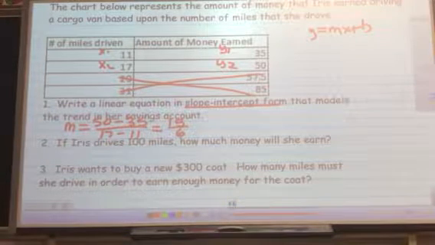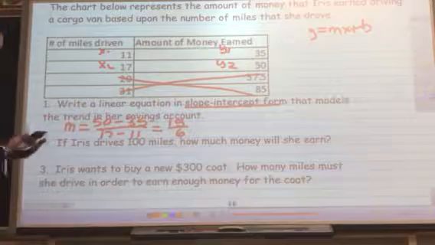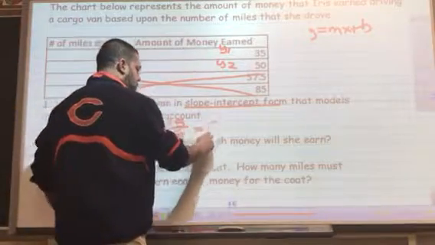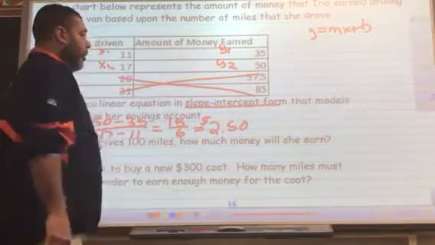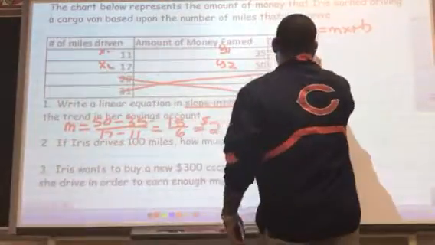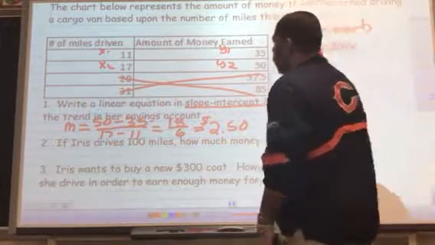And I know we're talking about money, so I'm going to go ahead and make this a decimal, and this is going to be $2.50. Well, there's my slope. y equals 2.5x.